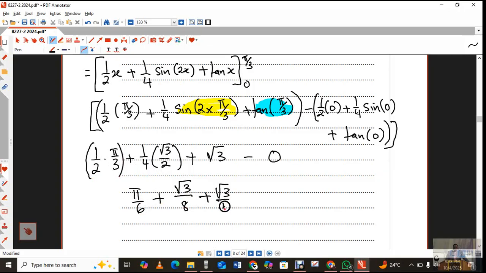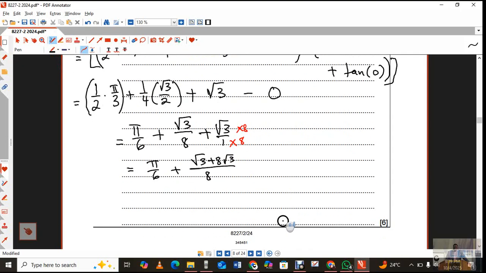That is like over 1, right? Then just take this and put them over the same denominator. Pi over 6 plus, putting this over the same denominator, that is root 3. So what you need to do is multiply here by 8 and also multiply on top by 8, which will be plus 8 root 3.